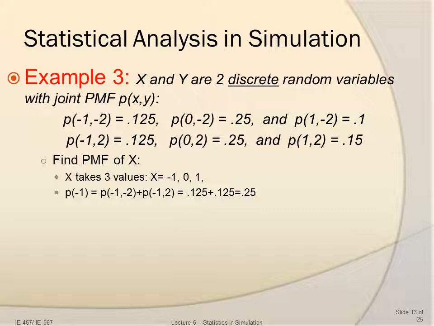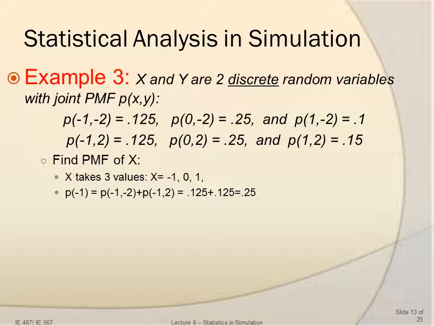So the probability of -1 can be computed from the joint PMF. The way to do it is just to look at all the possibilities for the joint PMF to have -1. Notice in these two rows above, in this definition of example 3, we have P of -1 and then -2, right? What does it mean? It means that it's P where X is -1 and Y is -2.